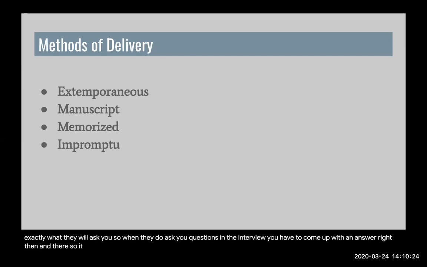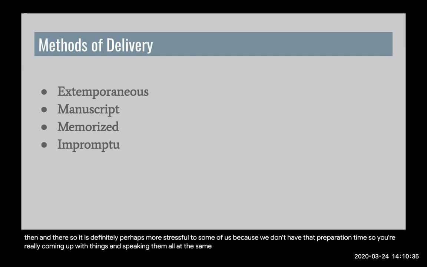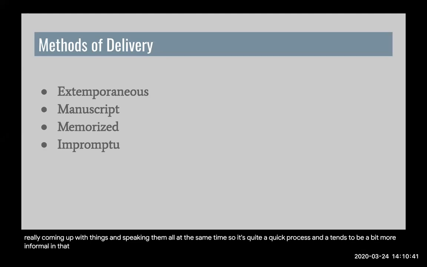So it is definitely perhaps more stressful to some of us because we don't have that preparation time. You're really coming up with things and speaking them all at the same time. So it's quite a quick process, and it tends to be a bit more informal in that sense.